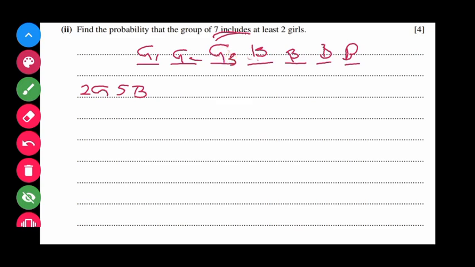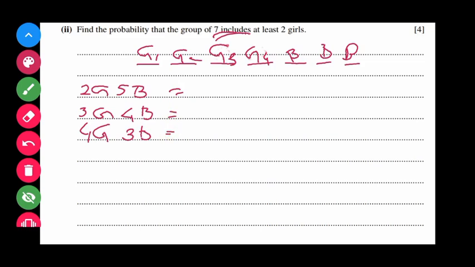Four boys. So if there are three girls, we could find four boys. And what if there are four girls? That means all the four girls are included. So there you could find three boys are included. Now let's make these different selections. So this is our plan.